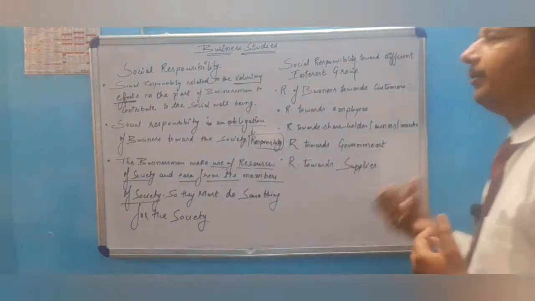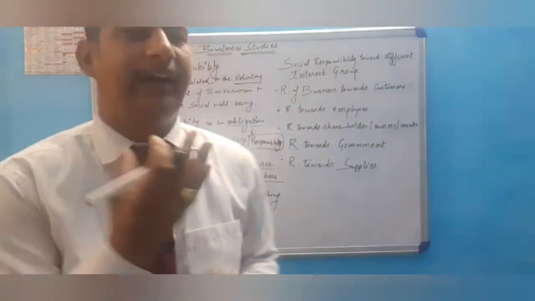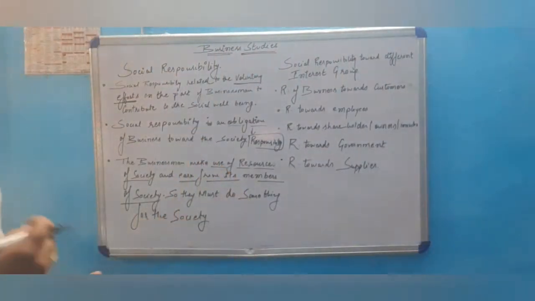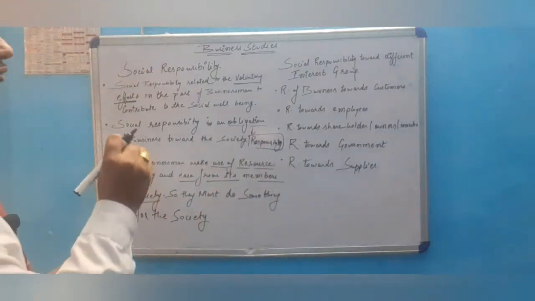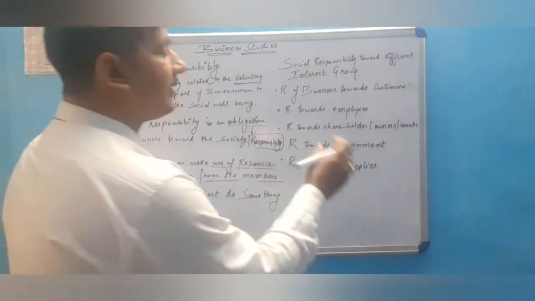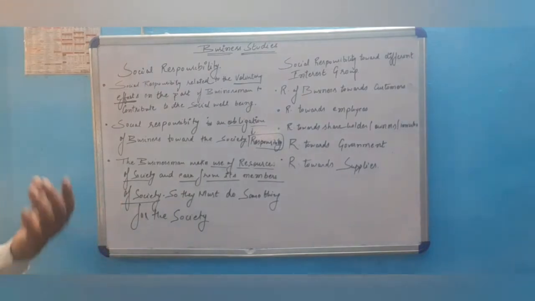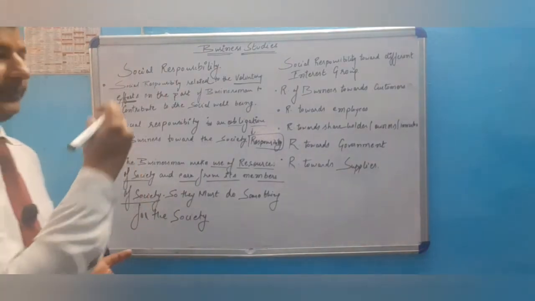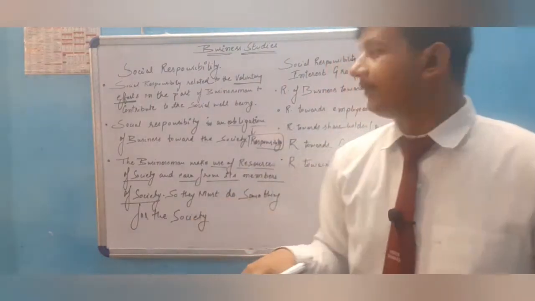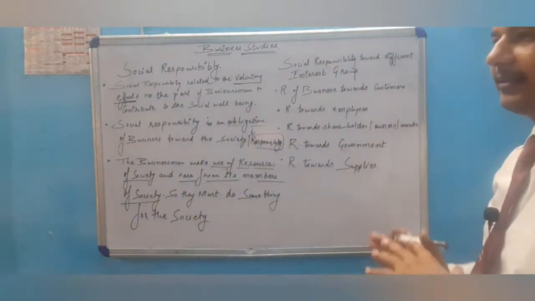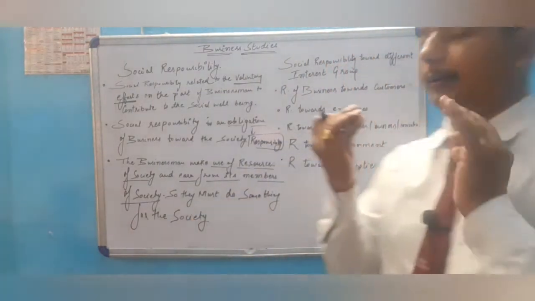What does the business do for the government? Next one is responsibility towards suppliers. What are the responsibilities of business towards its suppliers? Okay, so let me discuss this in brief.